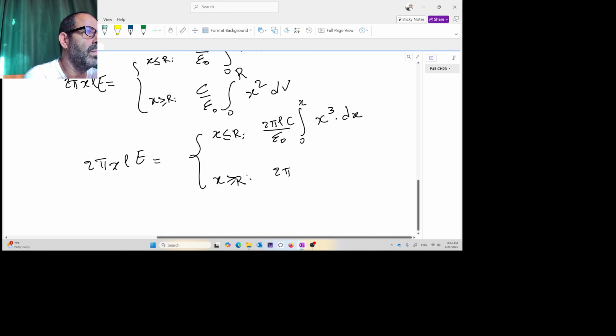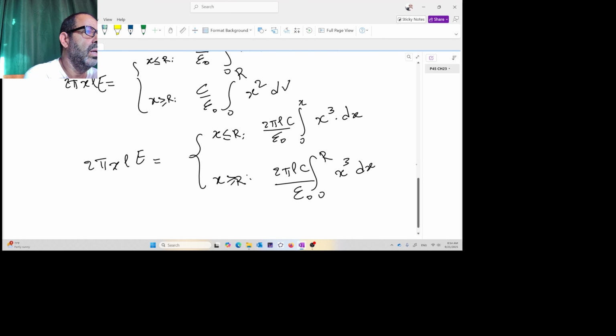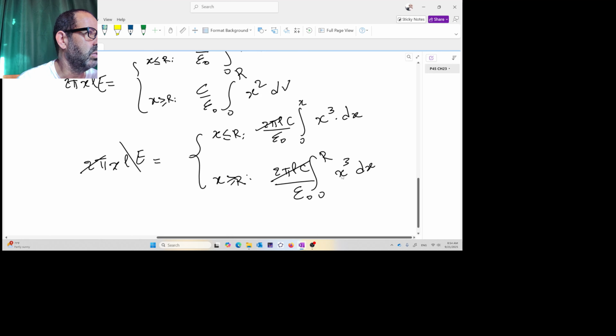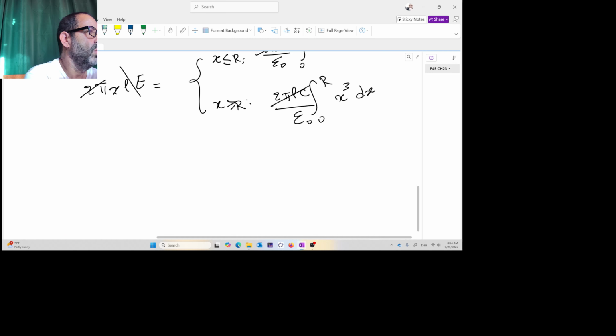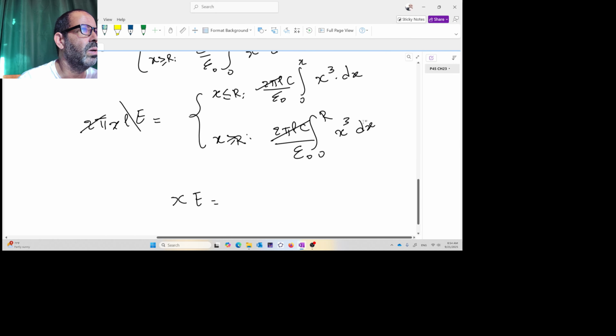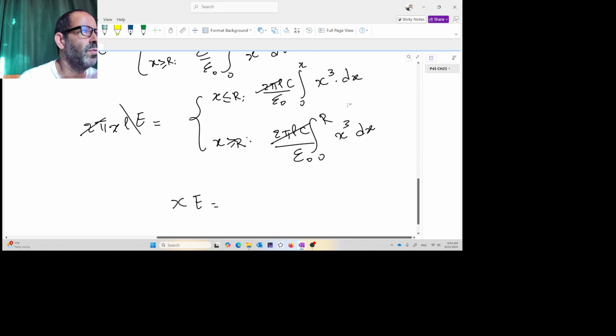And the same thing for the other side too, except that the integration is bounded to the other side. So again, it's 2 pi L times c divided by epsilon naught, the integral from 0 to r of the same thing, x cubed dx. Now, the 2 pi L on both sides cancel. And that's good, because L is actually not the real value. It's just a part of the Gaussian property. So on one side, the integral of x cubed is just x to the power 4 over 4.